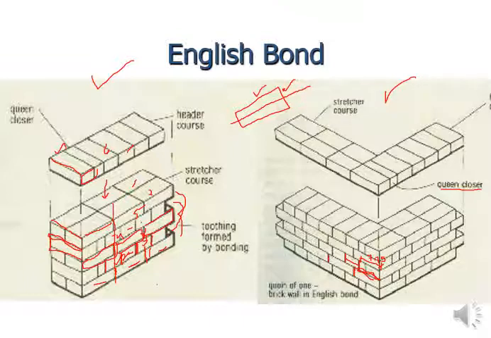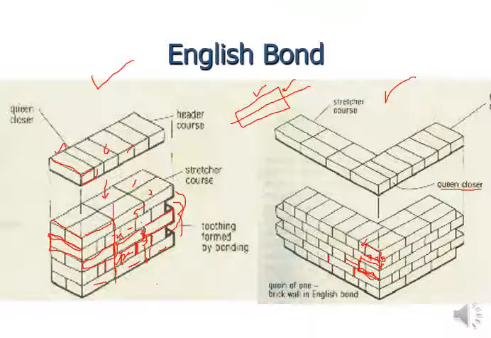So 9 inch into 2.25 will be the dimension of the queen closer. So from 7.75 total, you can place one queen closer inside of it and one complete header, or one complete brick of 4.5 inch, at the corner of the brick.